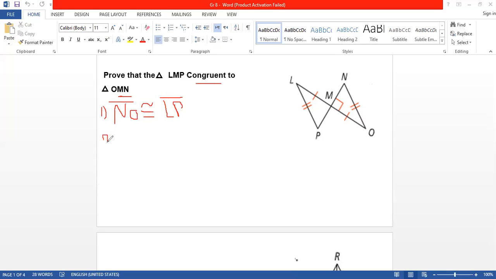Condition number two, you have LM is congruent to OM.